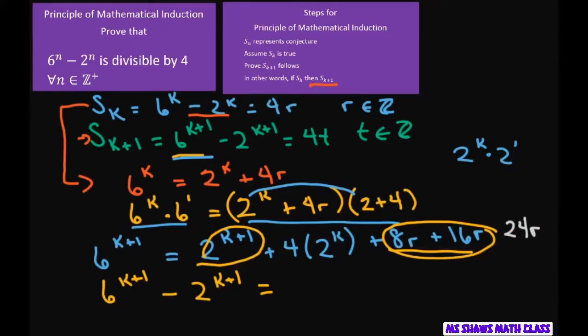And so on this side, I'm going to factor out a 4. So this is going to be 4 times 2 to the k plus 24r. So let me write it on this side.